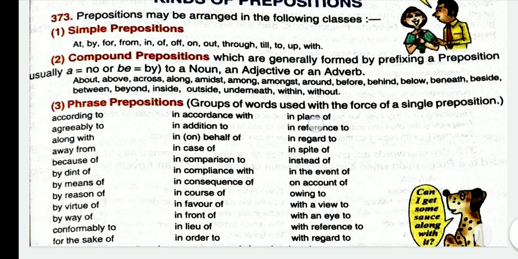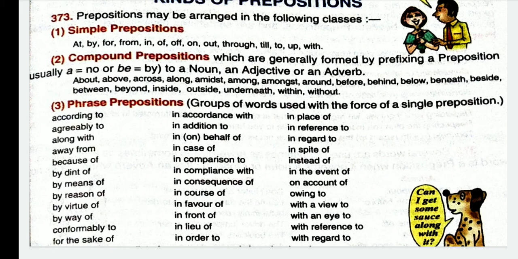There's a list of phrase prepositions given on this page. Now your task is this: there are different prepositions given, simple prepositions, compound prepositions, and phrase prepositions. Your task is to form sentences of these prepositions.